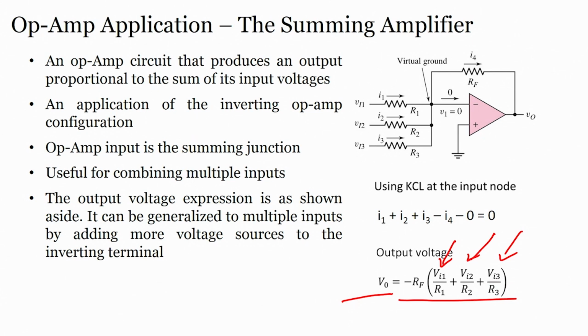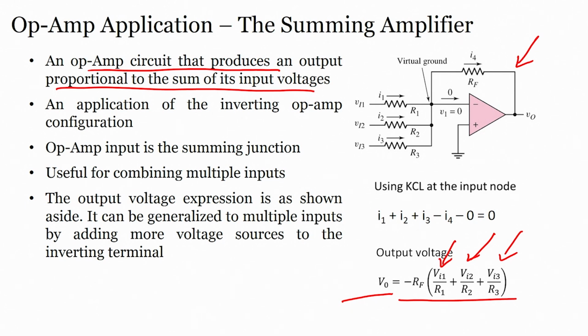We have already seen this in the summer amplifier or summing amplifier, which in short form is called a summer. An operational amplifier circuit like the one shown here produces an output proportional to the sum of input voltages.